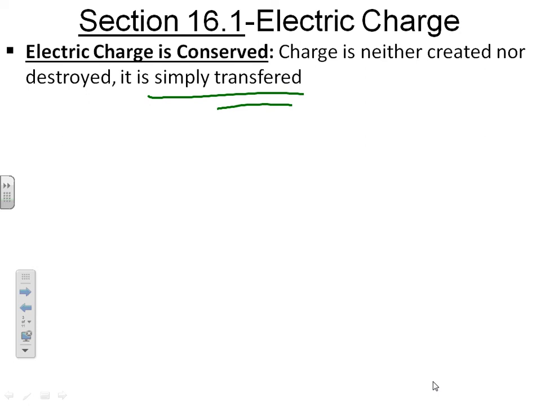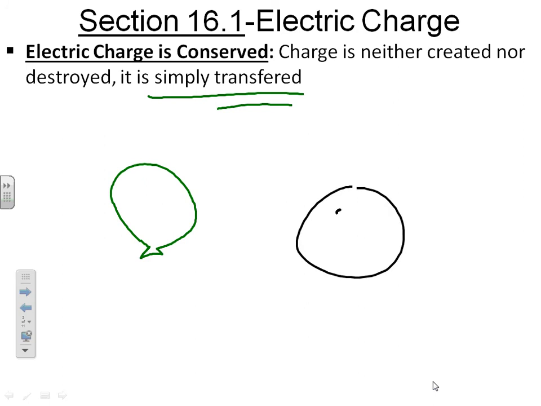Obviously, since electrons are negatively charged, if you add electrons to one object, that's going to make, so if we have a balloon and my head, if we are going to add electrons over here, the balloon is going to become more negatively charged, and I will become more positively charged.